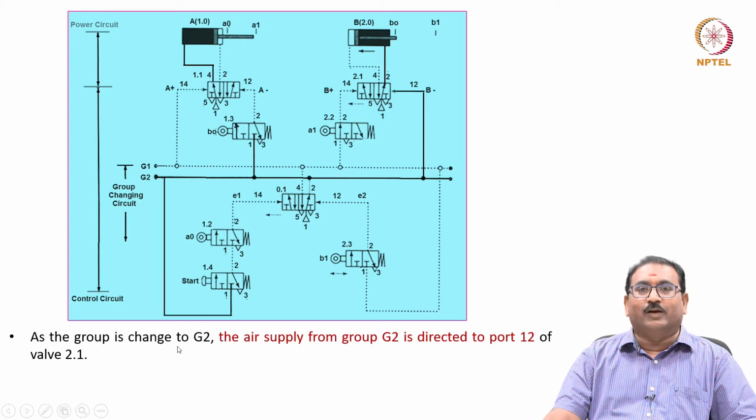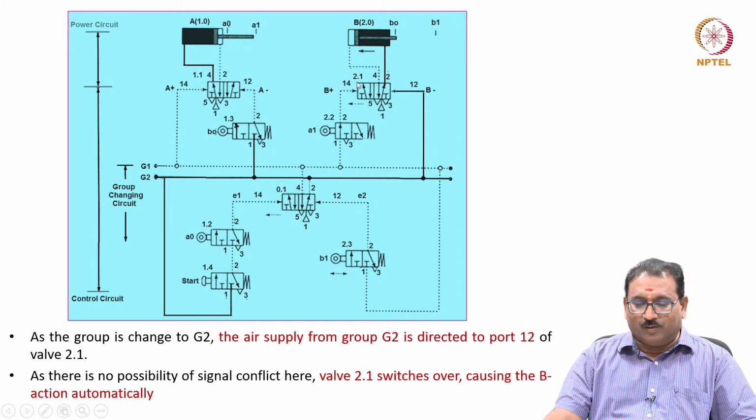As the group is changed to G2, the air supply from group G2 is directed to port 12 of valve 2.1. As there is no signal conflict here, valve 2.1 switches over, causing the B minus action automatically.